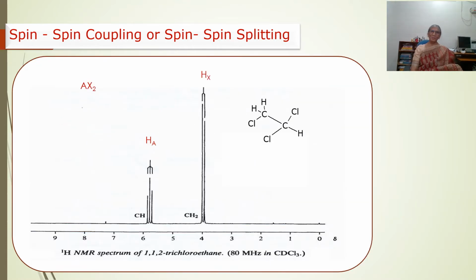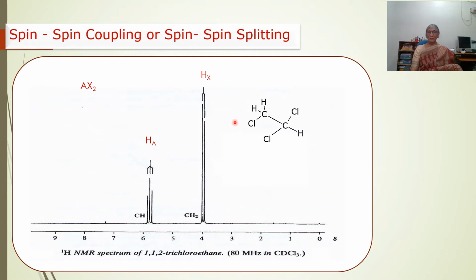This is the NMR spectrum of 1,1,2-trichloroethane, which is recorded at 80 MHz in CDCl3. From the structure of 1,1,2-trichloroethane, it is very clear that this compound will show two signals in its NMR spectrum.